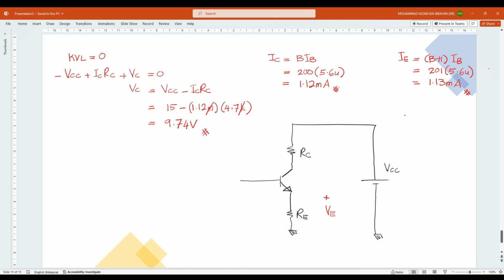VE is the voltage between the emitter and ground. Write a Kirchhoff voltage law.